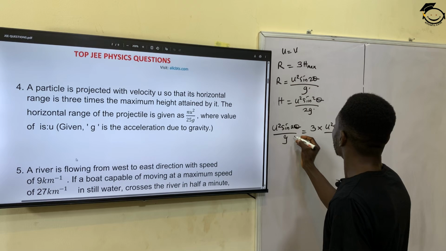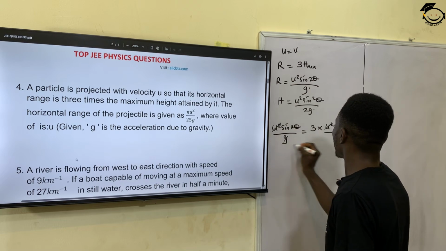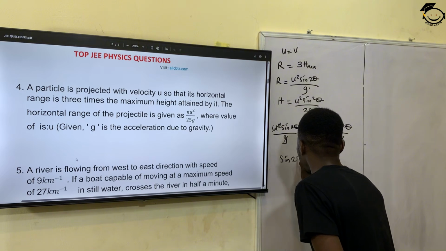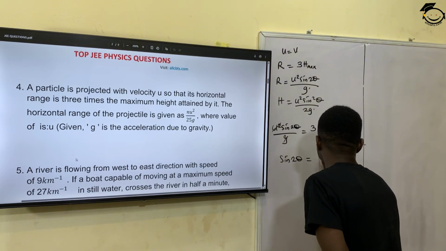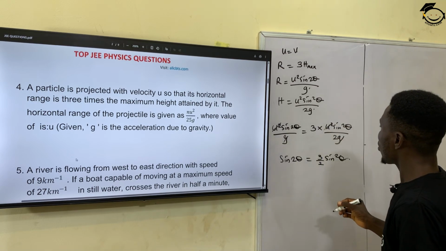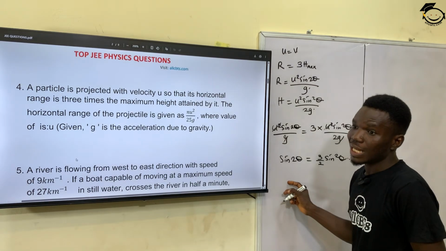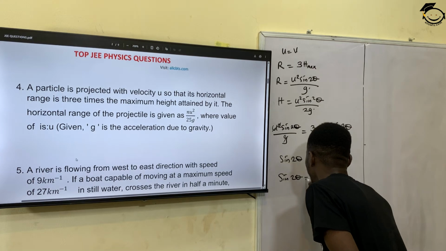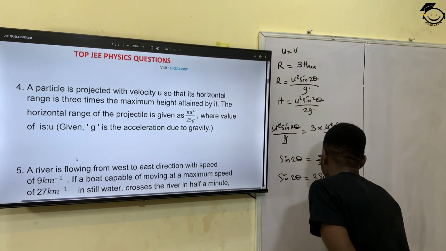This means that u squared can cancel out u squared and my g can cancel out g. It means I have sine 2 theta is equals to 3 over 2 sine squared theta. And we know that sine 2 theta is the same thing as saying I have 2 sine theta cos theta.